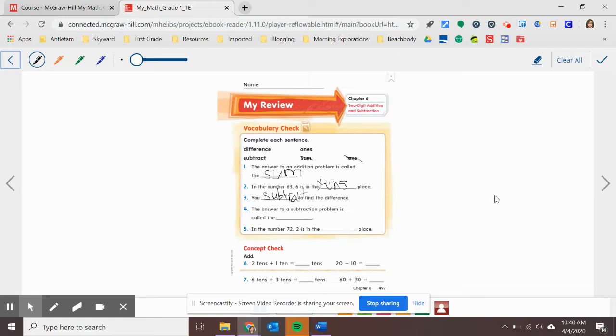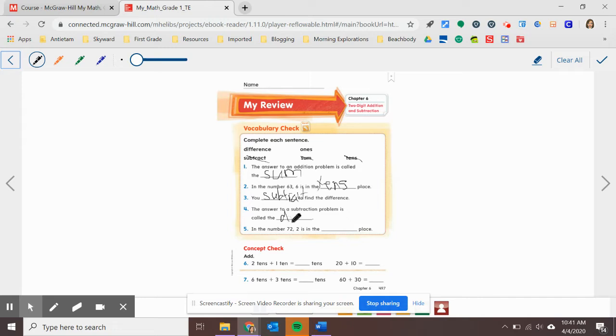Number 4, it says the answer to a subtraction problem is called the what? Well, we have 2 answers left. Is it called the difference or is it called the ones? It is called the difference.